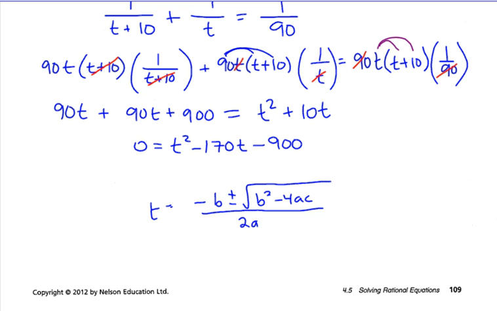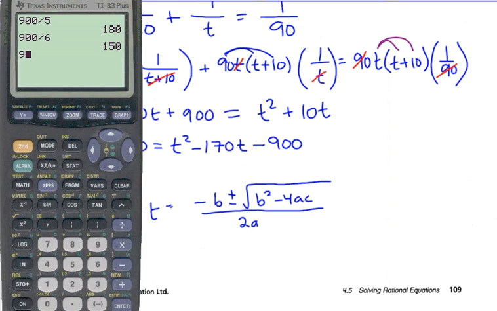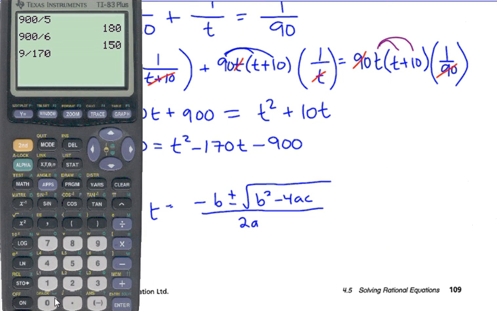Did anyone find two numbers that it factors to? No? Okay, let me plug it in my calculator for you. So negative b, brackets around my numerator, 170. I'll do the plus first.